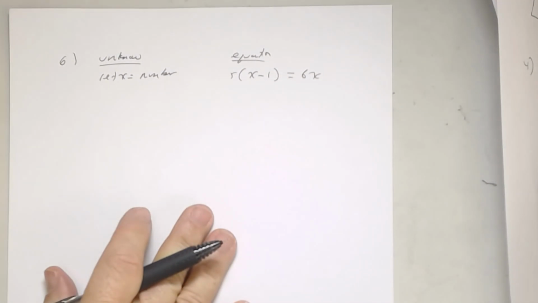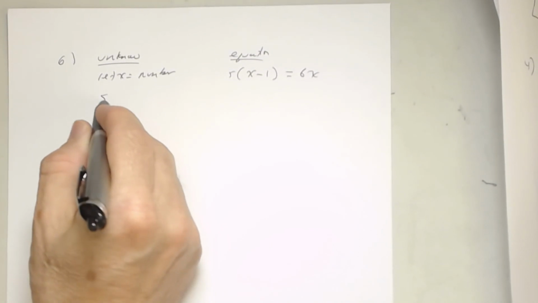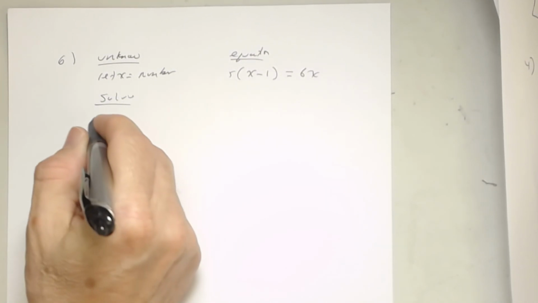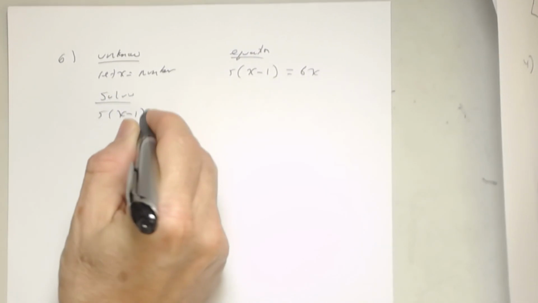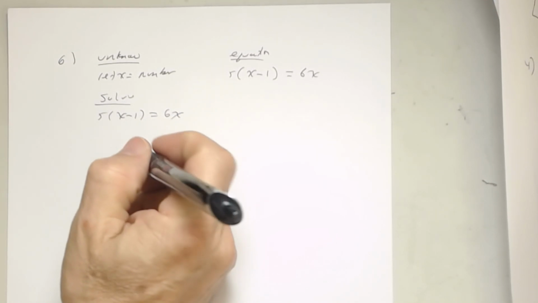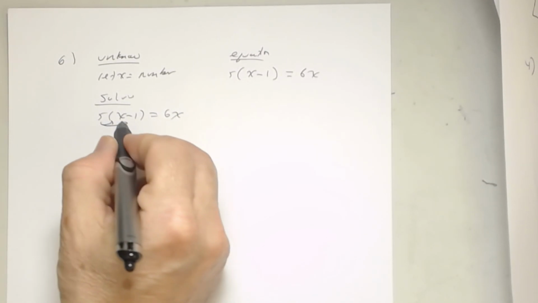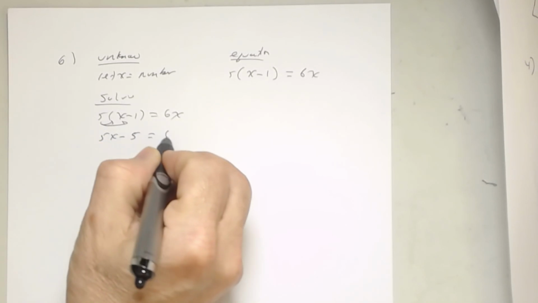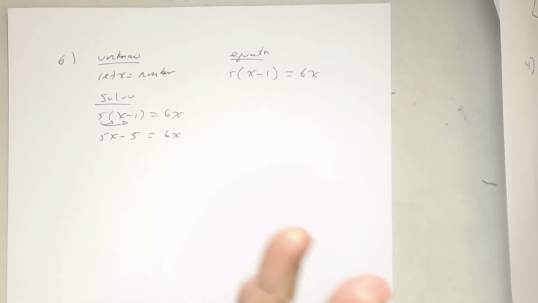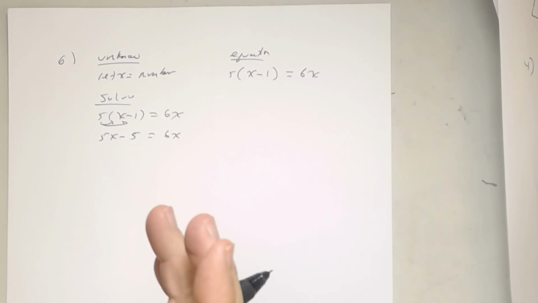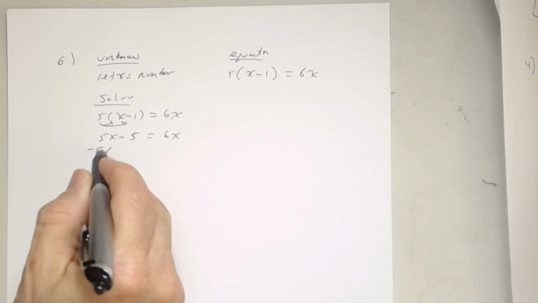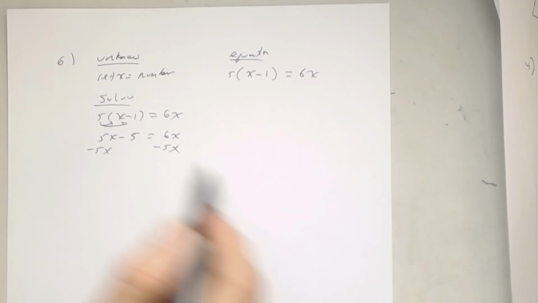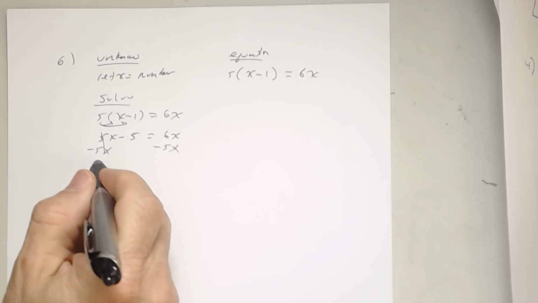What's the next step? So you're going to solve. So I'm going to go ahead and rewrite this over. Now, how do you solve this equation? Distribute. Minus 5 equal 6x. One more step and you're done, basically. Subtract 5 from both sides. 5x minus 5x is 0.